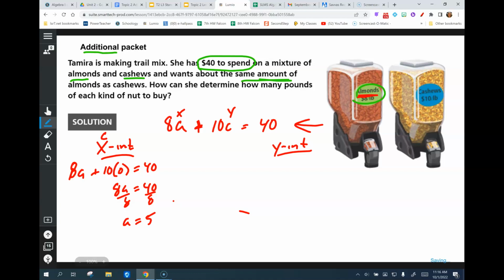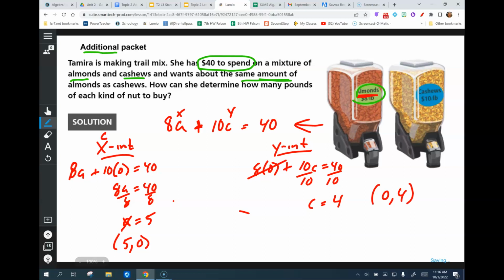Okay, so my x-intercept, let's just call that x, it makes it easier, 5, 0. And then my y-intercept, I'm going to plug in 0 for a, for my cashews. So this is the point 0, 4.